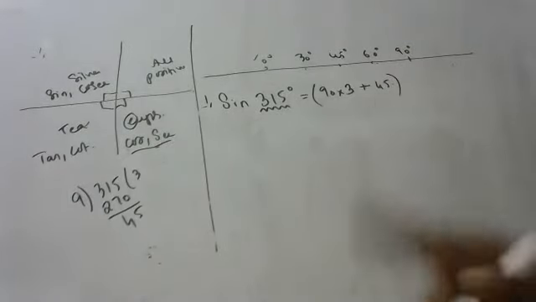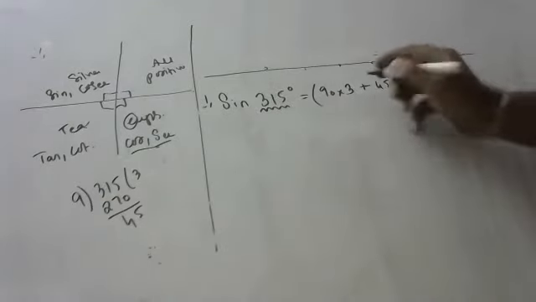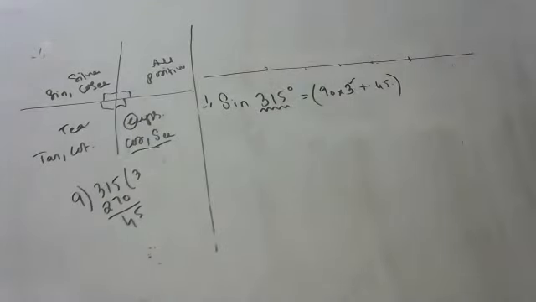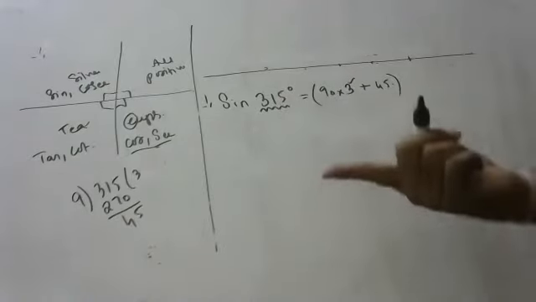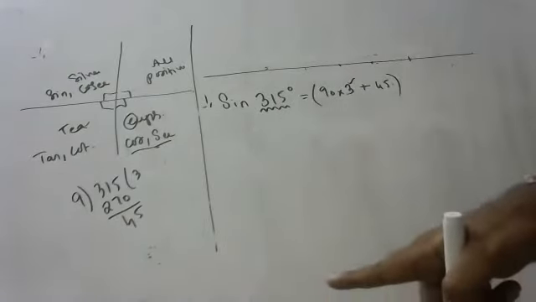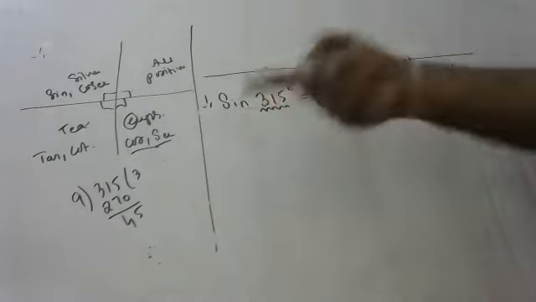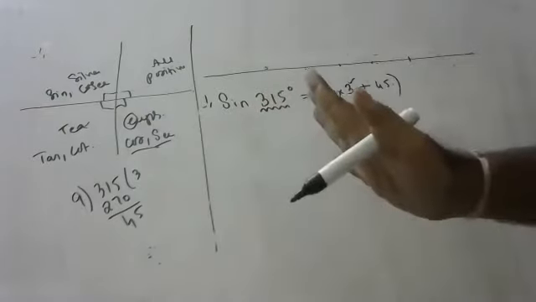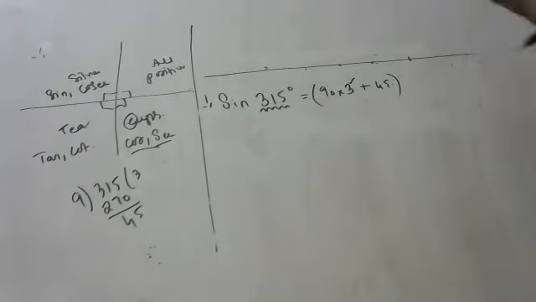The first important thing to remember is this: if the multiple of 90 is odd, sine becomes cos and cos becomes sine. If it is even, sine remains sine only. Again, don't get confused.